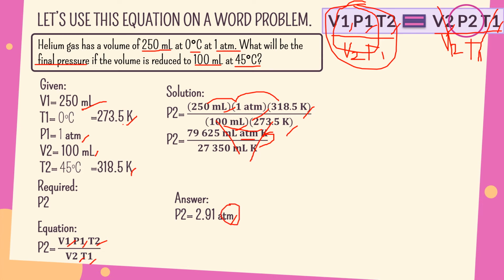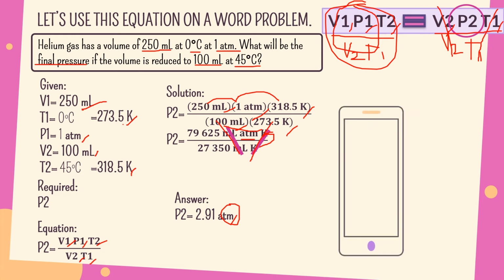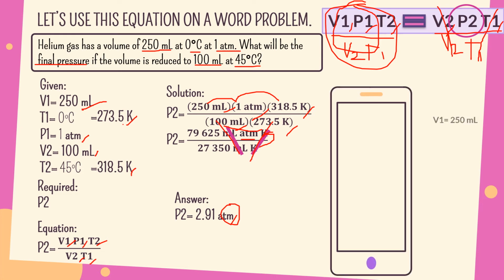Now, let's take a look at what happens between volume, pressure, and temperature in this word problem. So, we have the volume. The initial volume is 250 ml. After the change, we have the final volume of 100 ml. So, as you can see, from 250 ml to 100 ml, the volume decreases.